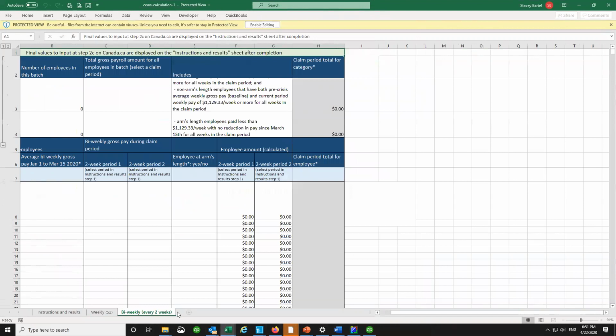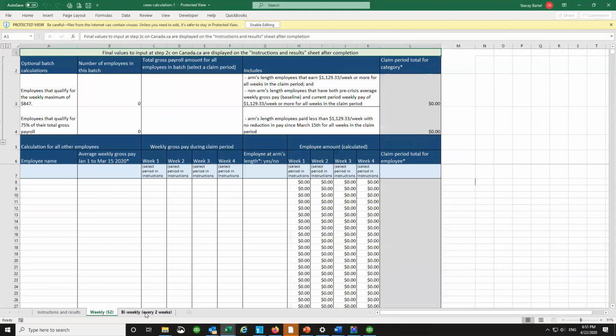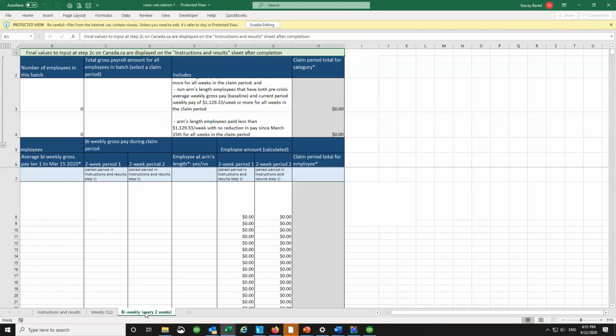Now, let's say you have mixed payroll, so you pay your full-time employees bi-weekly and your part-time employees weekly. You can combine and put your weekly paid employees on one and your bi-weekly employees on the other. But there's something that's missing on this calculator that they provided for us, and that is for employers that pay monthly or semi-monthly.